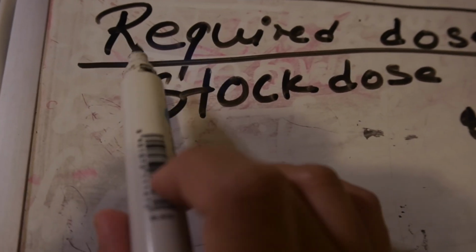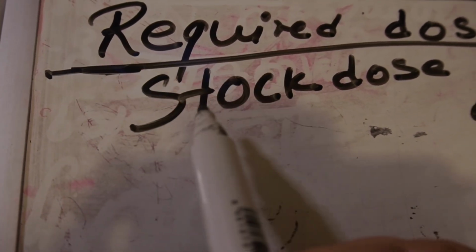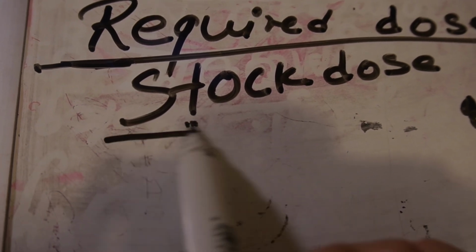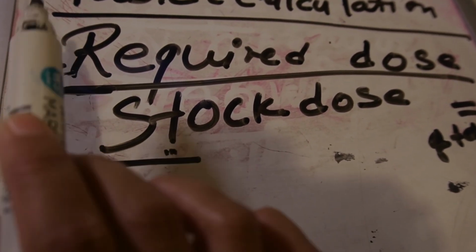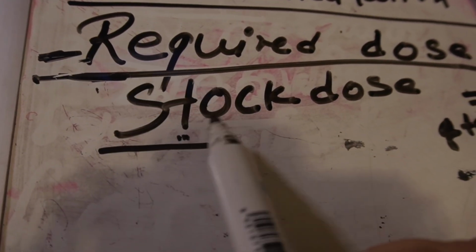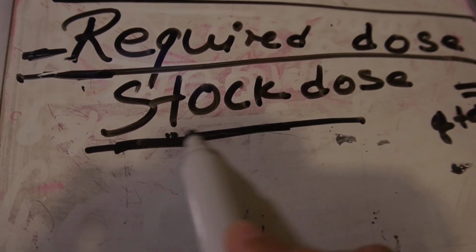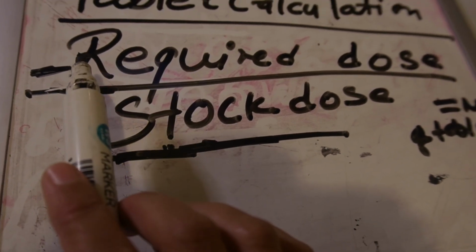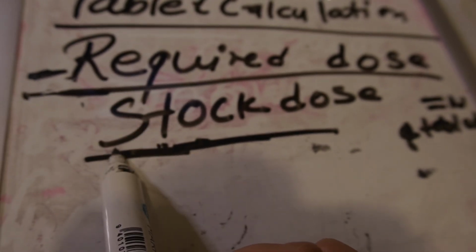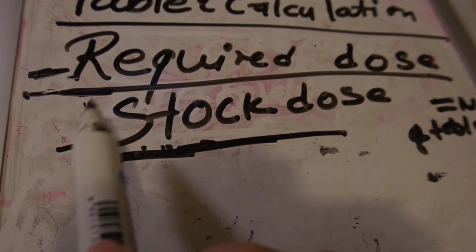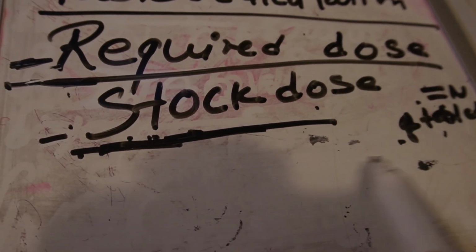Required dose means the amount the doctor prescribes, and the stock is what we have in the store. So the required dose means the doctor prescribes the medication for us, and we have stock in our backup store. The stock dose is that one. So the prescribed dose from the doctor is always on top, and the stock dose should be on the bottom part. This equals the number of tablets.